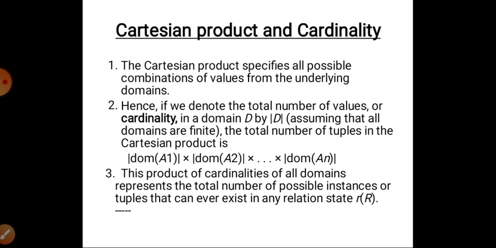So all magnitudes multiplied. Thus, the product of cardinalities of the domains represents the total number of possible instances or tuples that can ever exist in any relation state r of R.